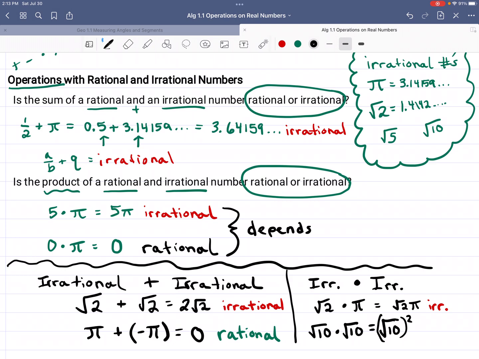And when you square a square root, we'll learn this later when we get into our exponents unit, they cancel each other. They're opposite operations, and it leaves you with just 10, which is rational. We know that. So in these cases, it could depend. These are all depends cases. So just kind of study that, and you'll be allowed to use your notes on the quiz.